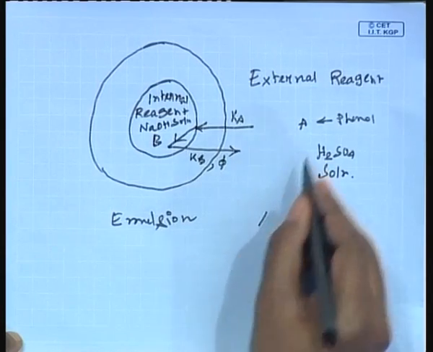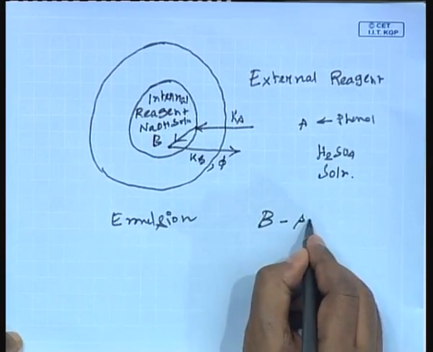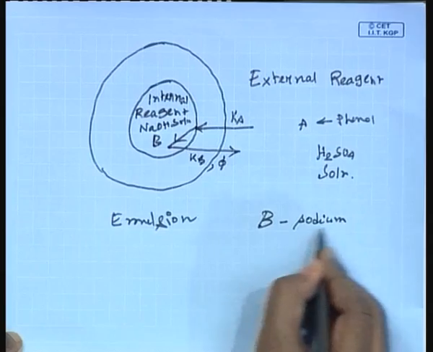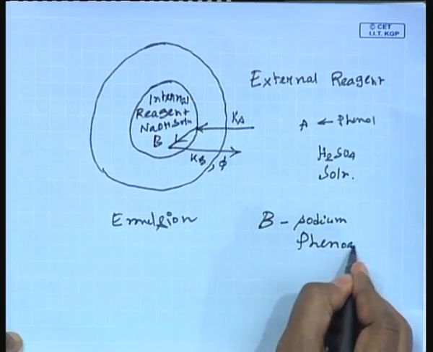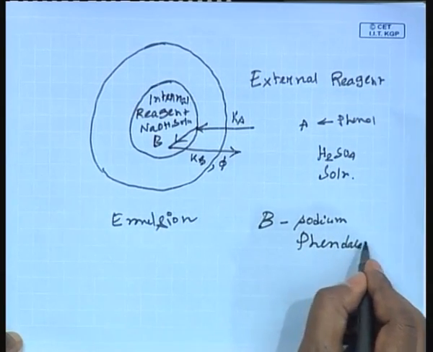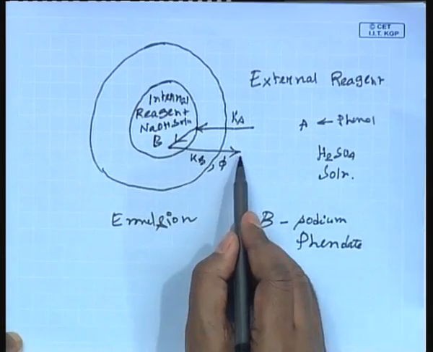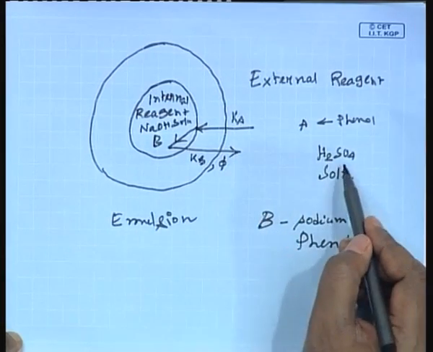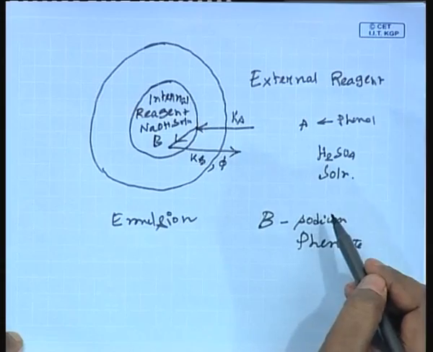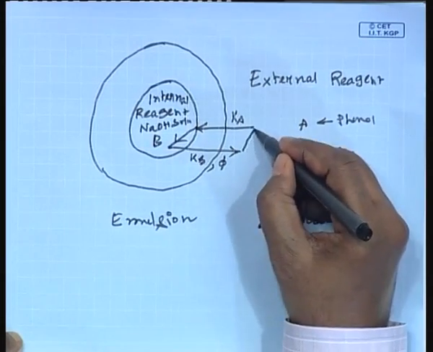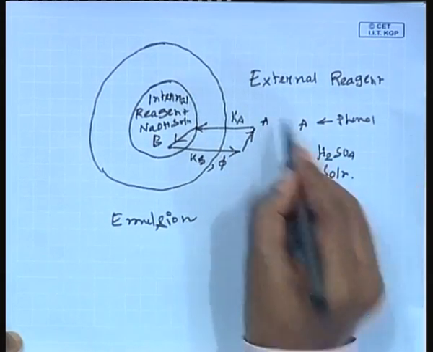If A is phenol, then B is sodium phenolate. And when B comes out to the external phase, it again reacts with sulfuric acid and produces phenol back. So, this again produces A.